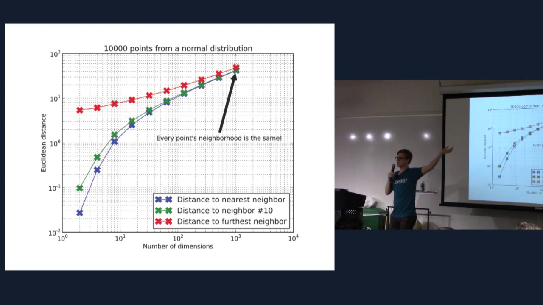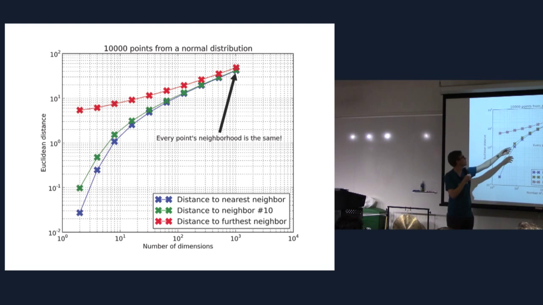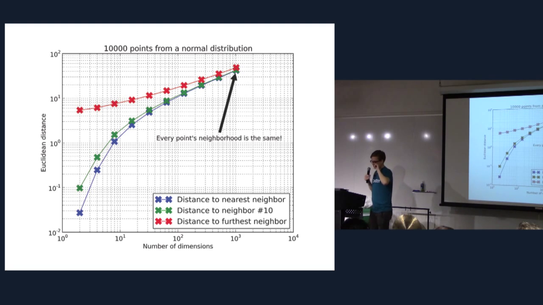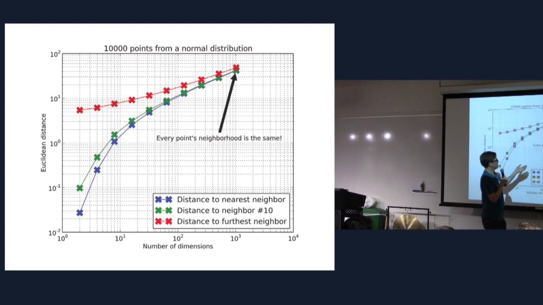I just pulled data from a k-dimensional normal distribution. If you pick a random point in this distribution and look at how far my nearest neighbor and my furthest neighbor are, it turns out in 2 dimensions it's very different, but if you go to 1,000 dimensions, it's very similar.